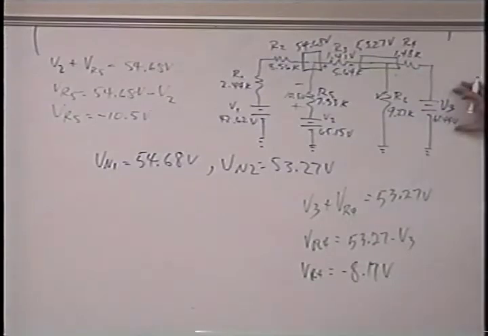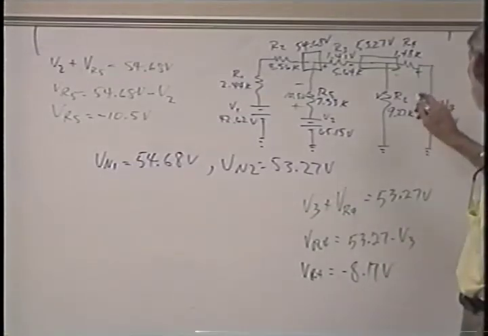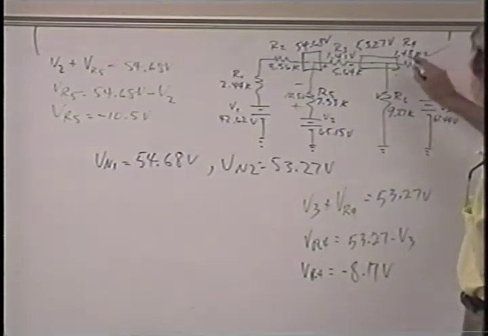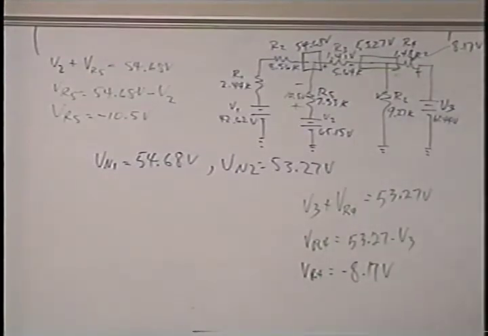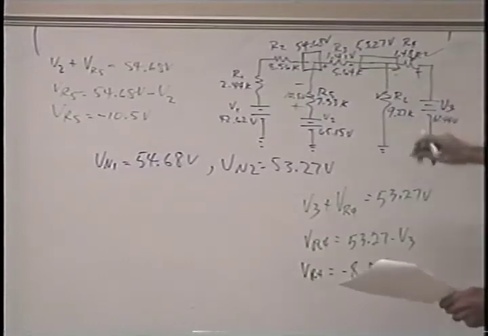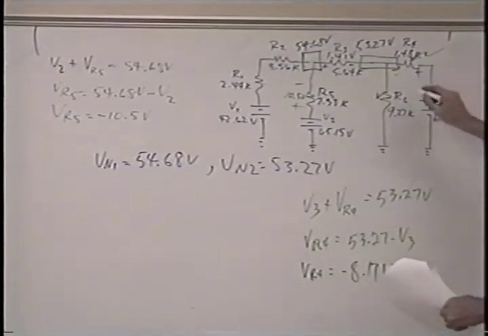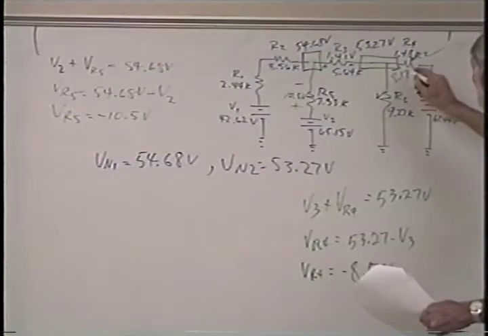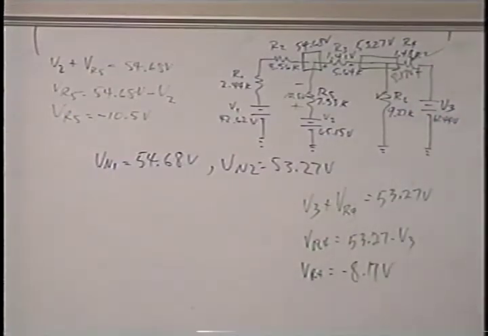That simply, again, means that this voltage source here was greater than the node voltage, so we have to drop something in this polarity across that resistor. Again, if I want to know my current, Ohm's law, V divided by R. So this is 8.17 volts. Probably didn't get that in the picture, did I? It's right there, 8.17 volts.